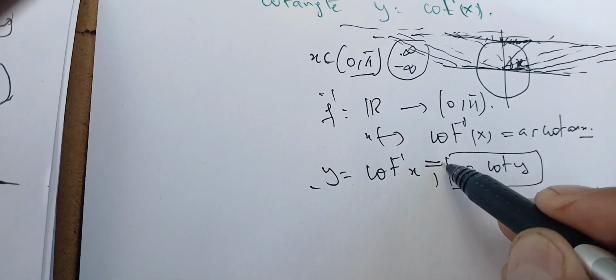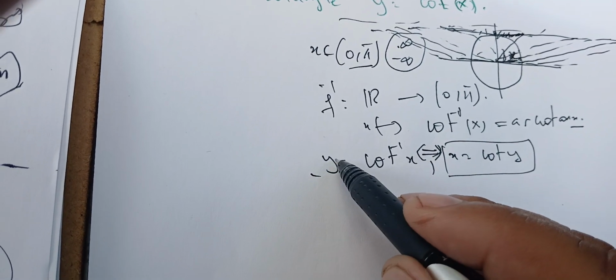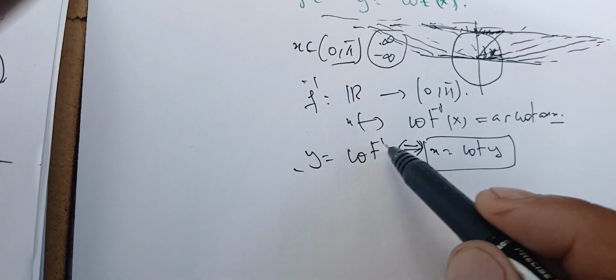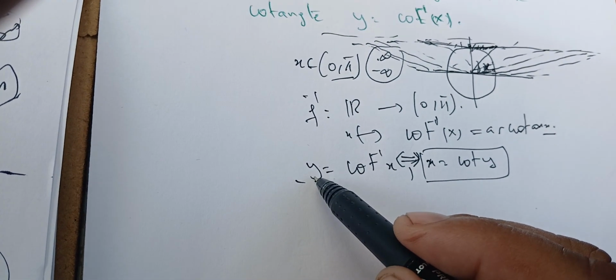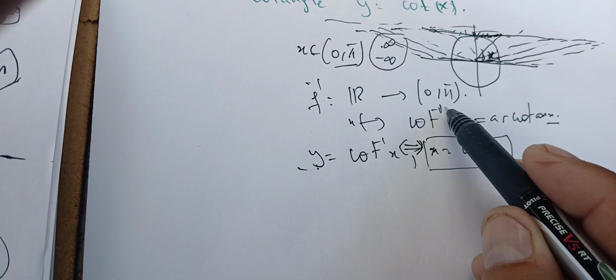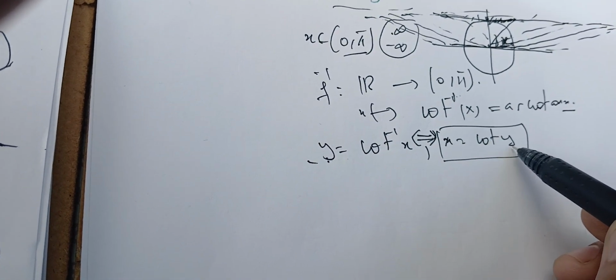This is, in fact, an equivalent statement here. Okay, so in this case, because it's inverse, our y here is in (0, pi). Okay, y is defined between 0 and pi.